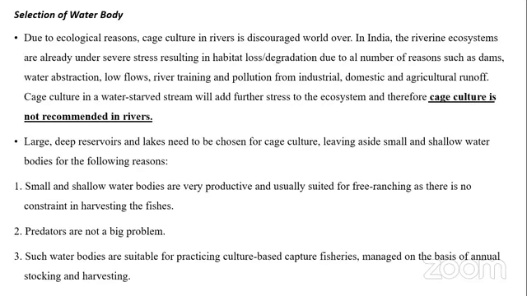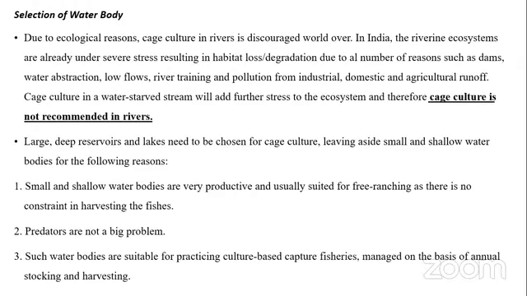Now, these are some of the prerequisites of where you can install the cage. Due to ecological reasons, cage culture in rivers is discouraged the world over. But where there is continuous good depth in the river, less anthropogenic activity, and the water level is not going down throughout the season, that river water we can use. Otherwise, we should avoid using rivers to install cages.